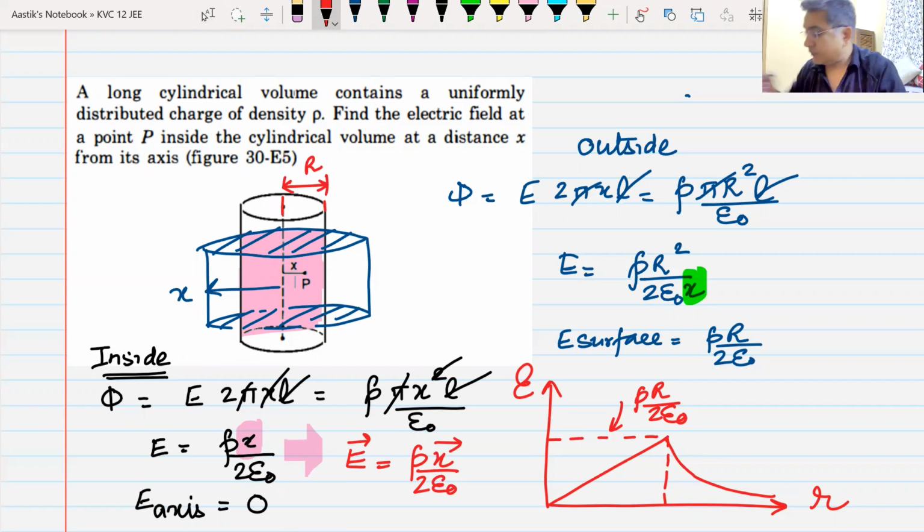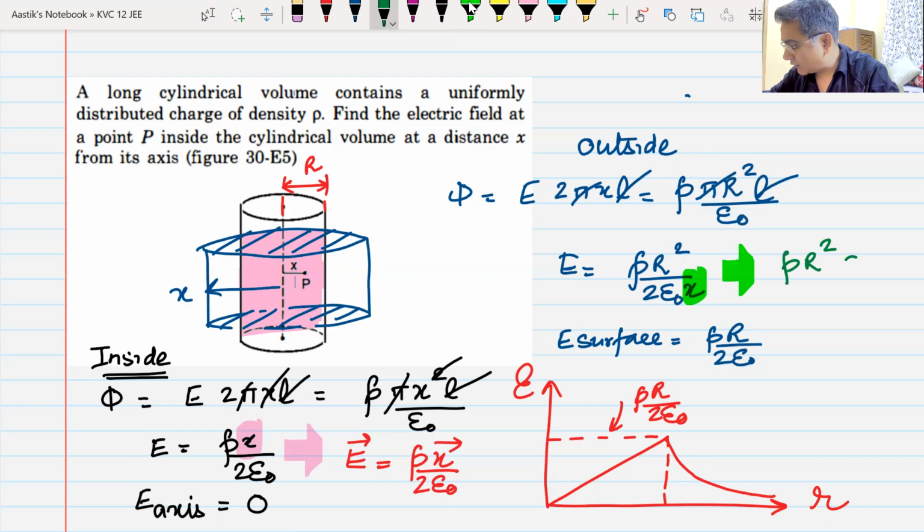For the outside points, can anyone tell me the vector form? It is rho r square x vector by 2 epsilon naught x square. You can write it in this fashion.